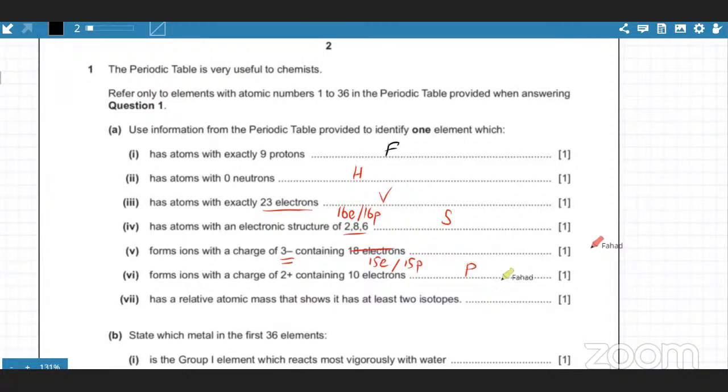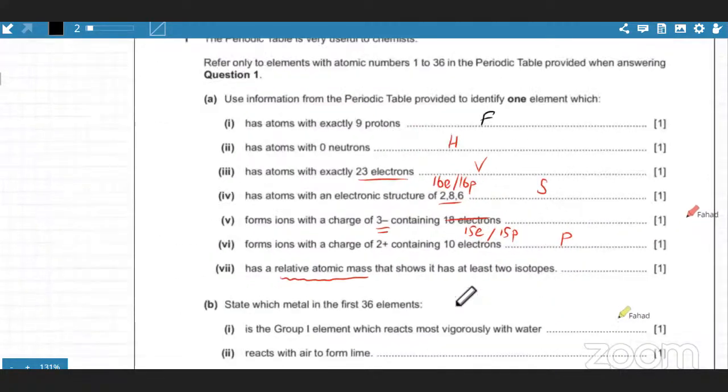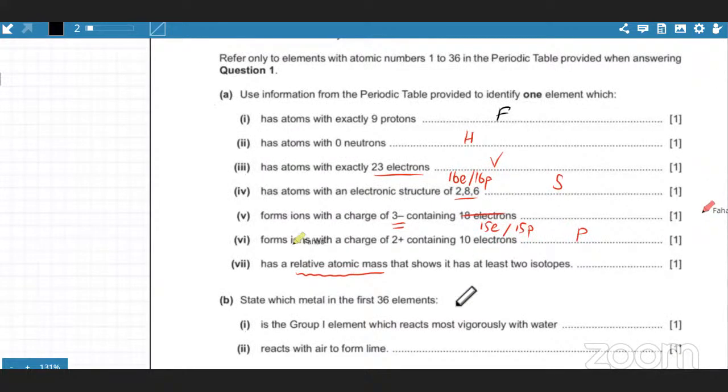The next one has a relative atomic mass that shows that it has 2 isotopes. Now, just a brief idea of what relative atomic mass is. The relative atomic mass is not just the proton number. It's not the protons plus the neutrons.